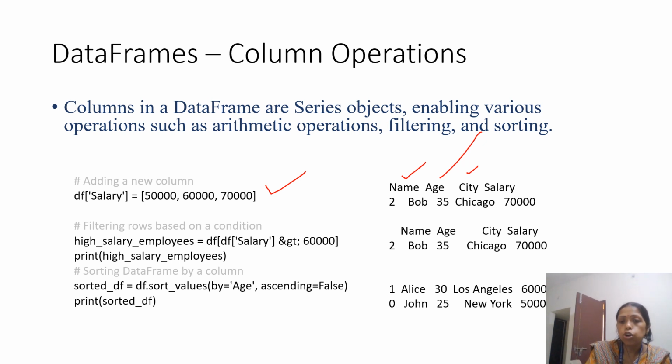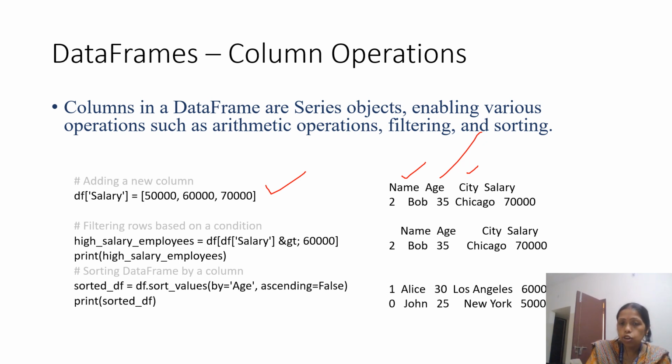Now you want to put some condition. You want to retrieve data based on some conditions. Suppose you want to store the salary, if salary is greater than 6,000, those salaries you want to store in one more variable. So the variable is declared as high_salary_employee equal to df within brackets df['salary'] greater than 6000.